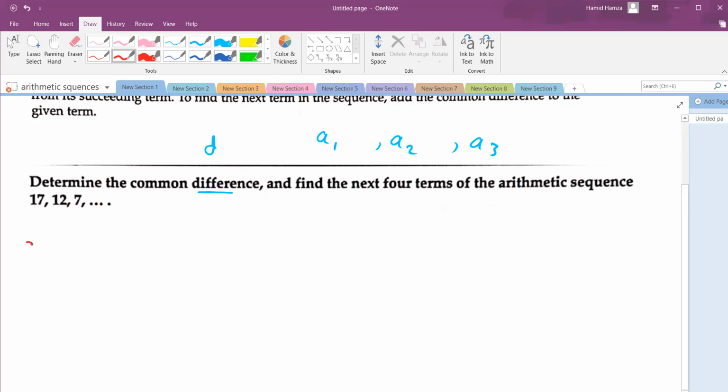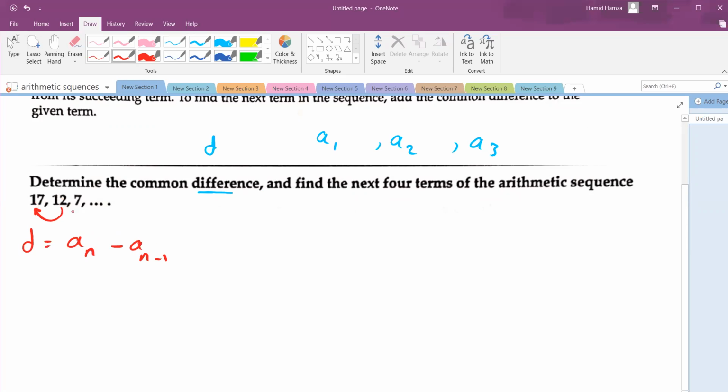The common difference d always equals a_n minus a_(n-1). What is the meaning of this? It means subtract a term from its previous term. That means 12 subtracted from 17, or 7 subtracted from 12.